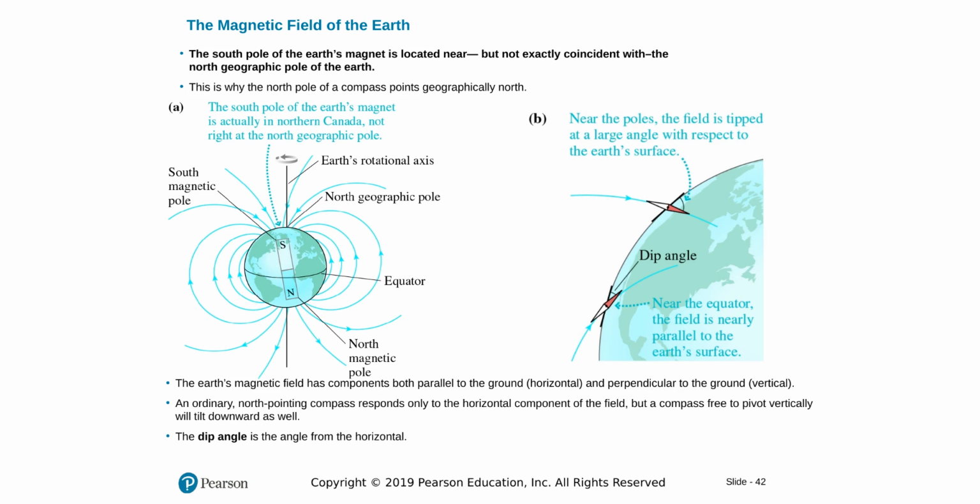Earth has its own internal magnetic field. It behaves as if we have a bar magnet in the center of the Earth. Let me do a better job here. And this bar magnet has its south pole at the geographic north pole and its north pole at the geographic south pole.